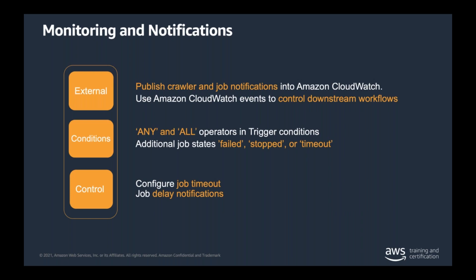And keep in mind that you can also use CloudWatch Events to automate your AWS services and respond automatically to system events, such as application availability issues or resource changes. The events from AWS services are delivered to CloudWatch Events in near real time, as I said. You can create a conditional trigger when you specify a list of jobs and crawlers to watch.